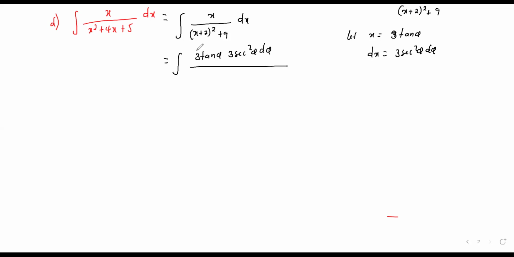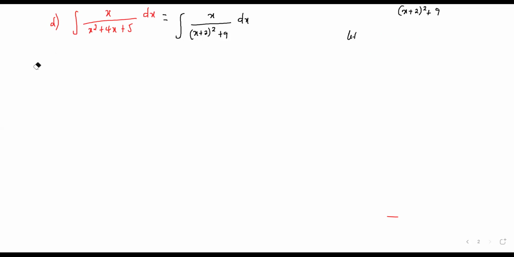Over, down here we have x plus, oh, okay, no. Before this step, we need to write this as x plus 2 equal to 3 tan theta, and then dx equal to 3 sec squared theta d theta.